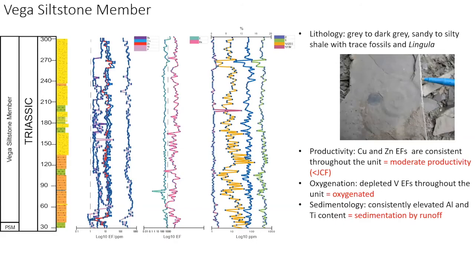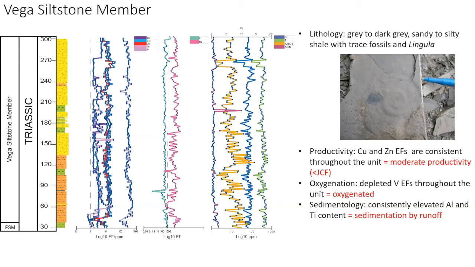And last but not least, we have the Vega siltstone member. So productivity within the Vega is stable. So we look at productivity being moderate, but it's enriched, but again, not to the same extent as what we saw within the Johnson Canyon Formation.